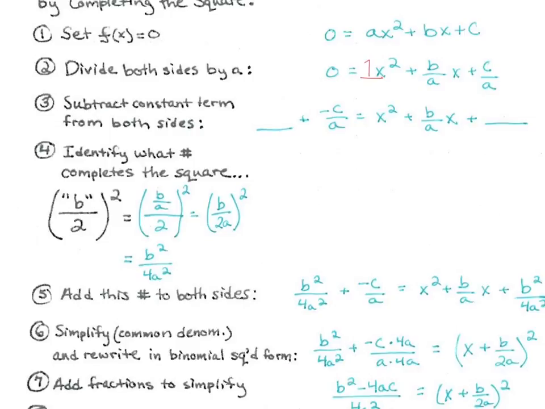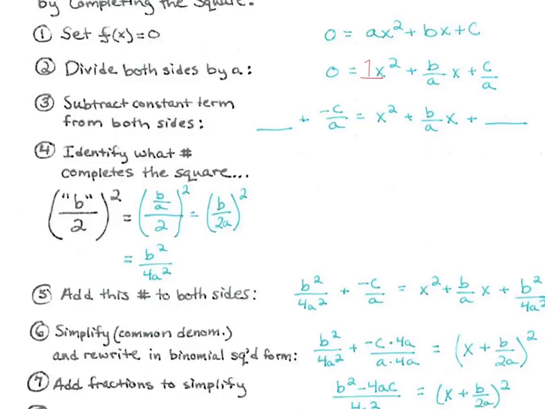Remember, we're going to take the b over 2, and in this case the b I have in quotes, you guys, because it's really just the linear term's coefficient, and in this case that's b over a. So notice I have b over a, but all still divided by 2, and then all of that squared. If I'm dividing b by a and then dividing by 2, it's really like b divided by twice a.